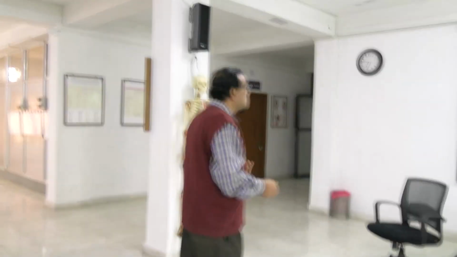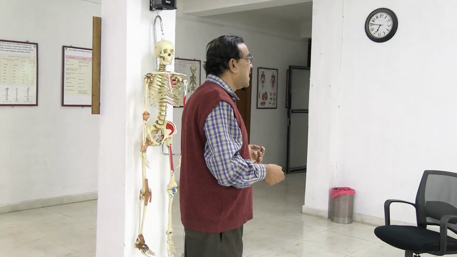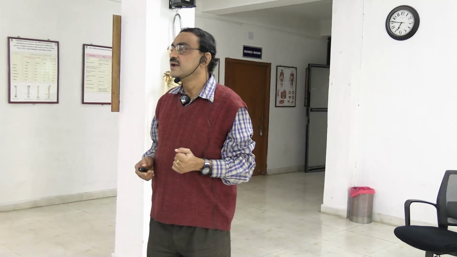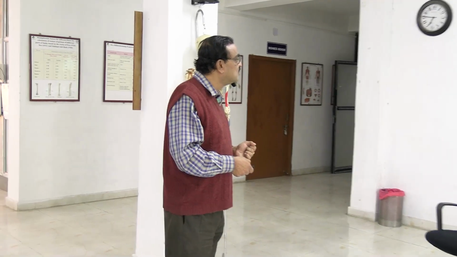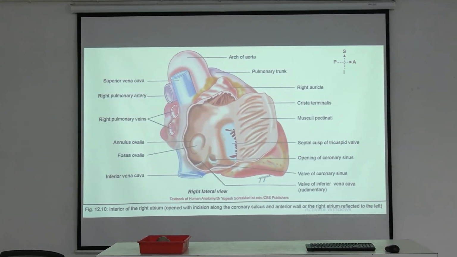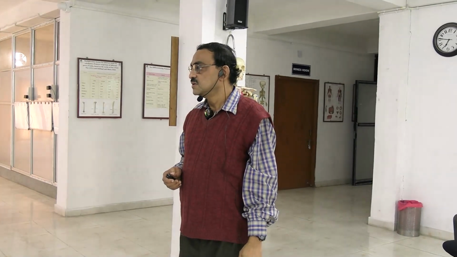So the fossa ovalis is a part of the septum primum, and the limbus fossa ovalis is the septum secundum. In between we get an opening called the foramen ovale, through which the right atrial blood passes to the left atrium during the embryonic stage.